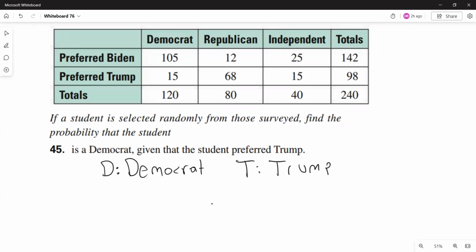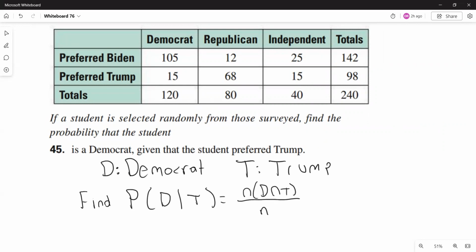And they are asking us to find the probability that the student is a Democrat, given that the student preferred Trump. Conditional probability formula, that's going to be the number of times that D and T occur over the number of times that T occurs.